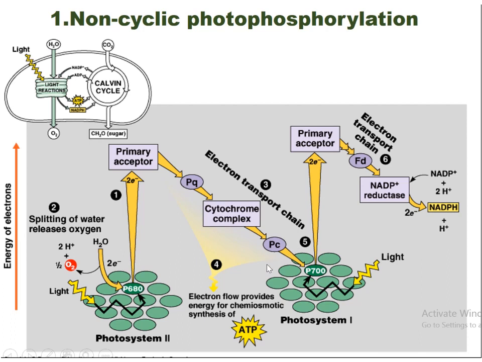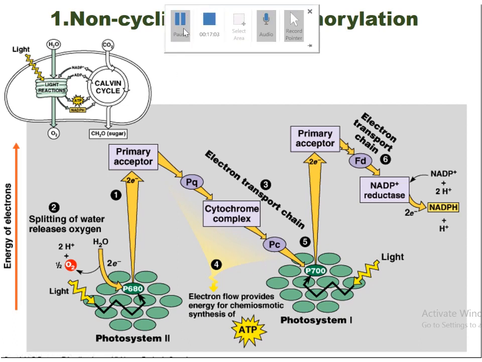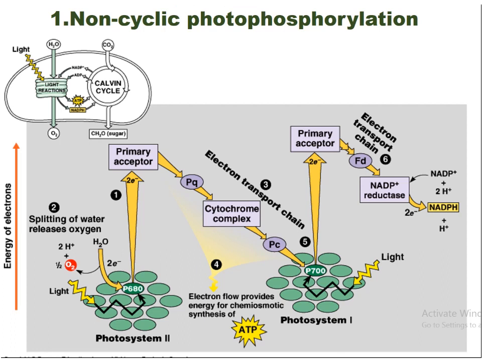Scientists Hill and Bendall in 1964 explained the reactions of this process. Okay. So Hill and Bendall in 1964 discovered and explained this reaction in a process of zigzag or Z-shaped path of the electron. See, this is the zigzag Z-shaped pathway of the electrons.